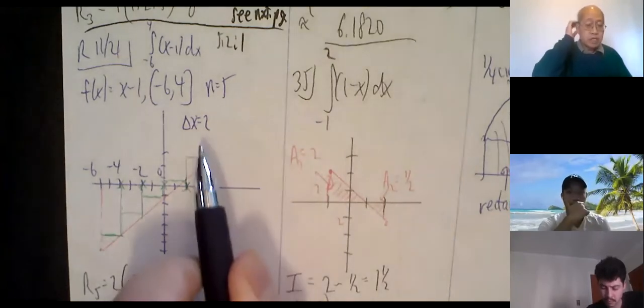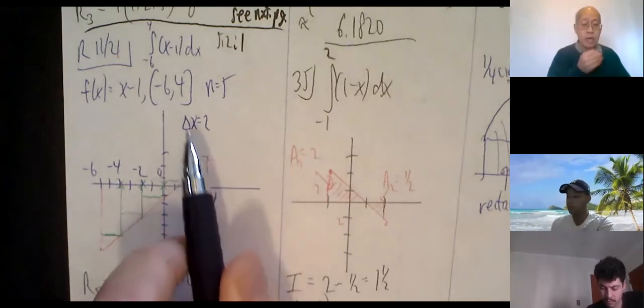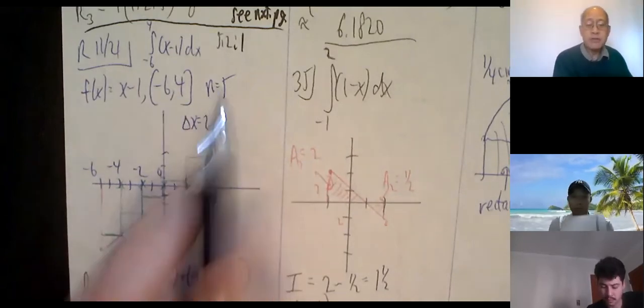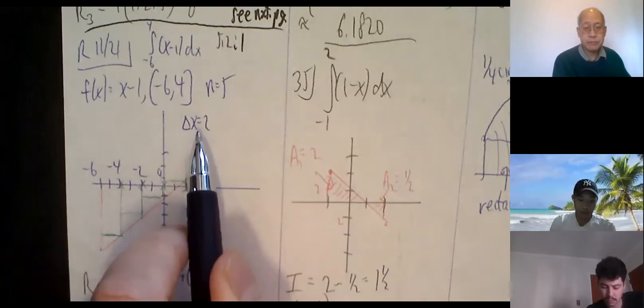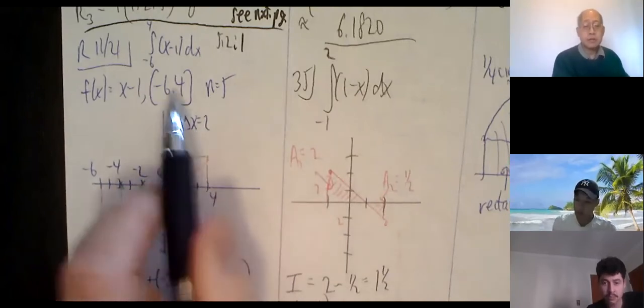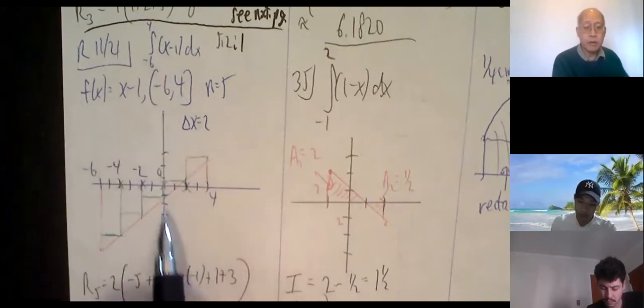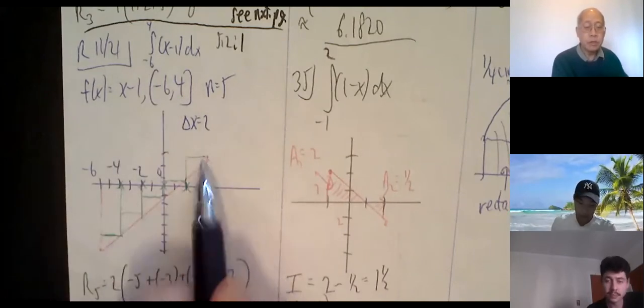From negative 6 to 4, that's 10 units. Chop it up into 5, so delta x is 2. Here's the picture. x minus 1, that's easy: slope is 1, y-intercept is negative 1, going like that.